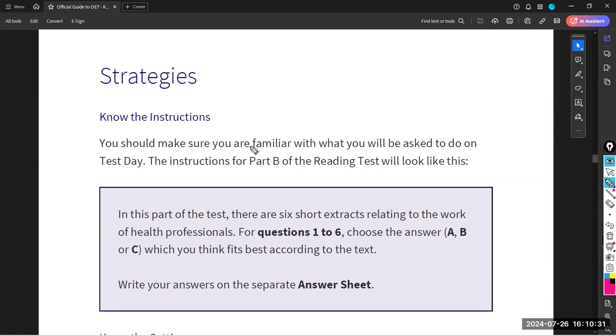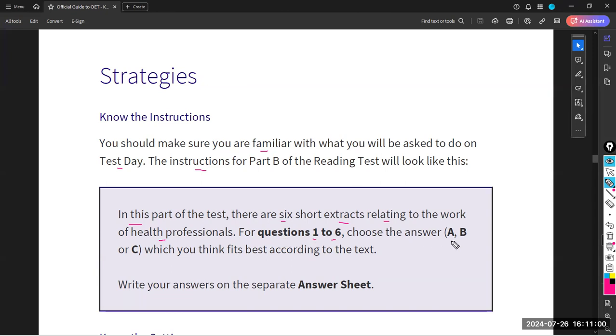We have to be familiar with all kinds of texts and questions before the test day. Now, these are the instructions that are going to be shown on the screen. In this part, part B, there are 6 short extracts relating to the medical workplace, and we have to answer the questions from 1 to 6.